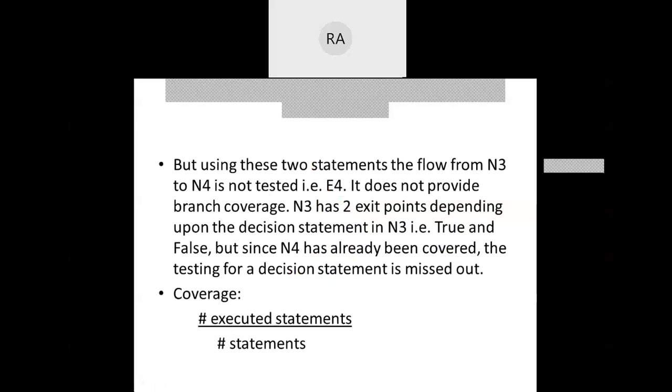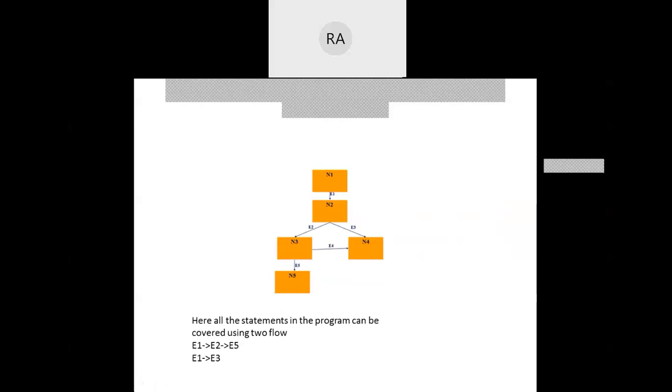It does not provide any branch coverage because N3 has got two exit points. I am testing only one branch which is coming out of N3, that is E5, whereas E4 is left untested.